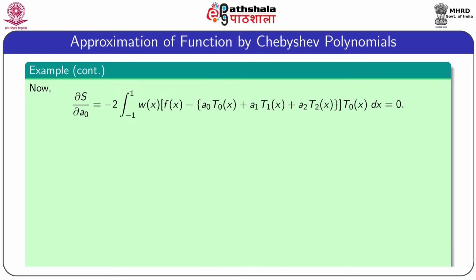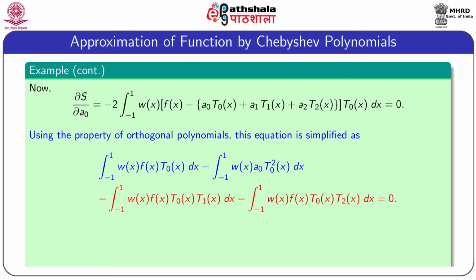Now, from the first equation, del S del a0, we have minus 2 integration minus 1 to 1 of w(x) into (f(x) minus (a0 T0(x) plus a1 T1(x) plus a2 T2(x))) into T0(x) dx equal to 0. After simplification of this equation, the first term becomes integration minus 1 to 1 of w(x) f(x) T0(x) dx, and the second term is integration minus 1 to 1 of w(x) a0 T0(x) power 2 dx.